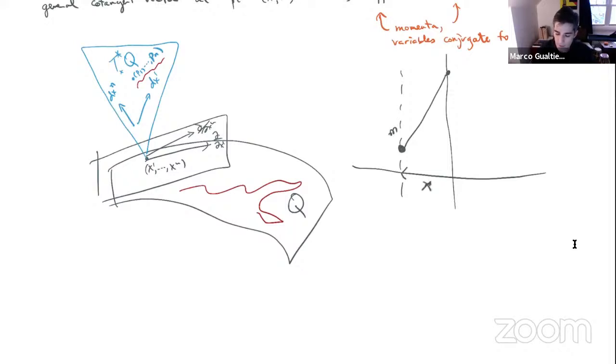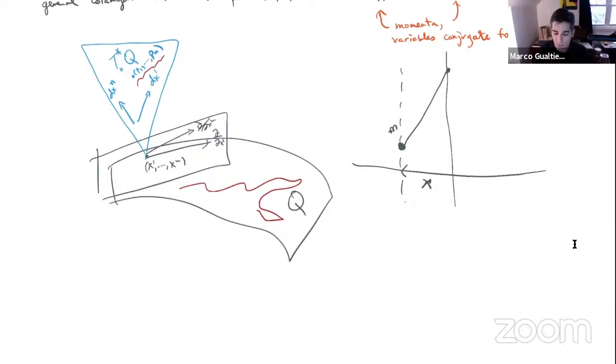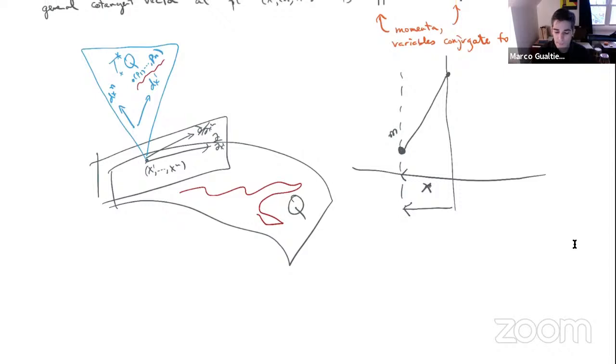Let's say you drop down a vertical line from where the pendulum is, and then you measure the distance from the resting point to this. That could be your coordinate on the configuration space.